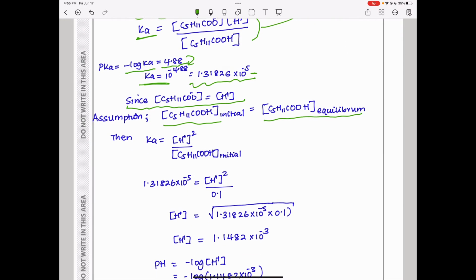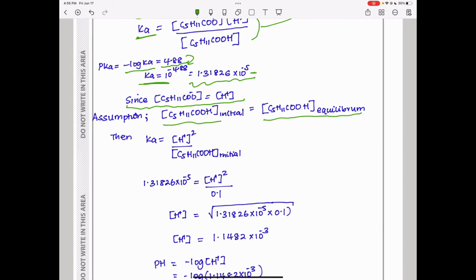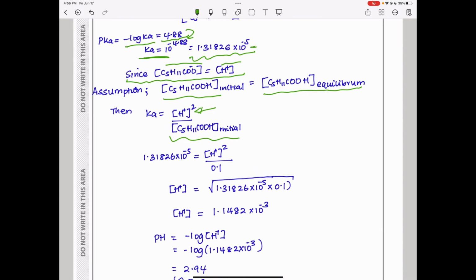So knowing those conditions, since this is equal to that, I can substitute them into my original equation, substituting for H plus instead of the carboxylate. So it's going to be H plus times H plus, which gives you H plus squared, divided by the initial concentration, since we have established that the initial and that at equilibrium is exactly the same.